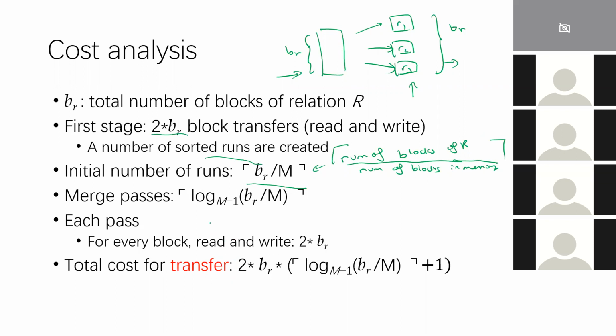And the merge pass will be this. You can say this is equal to n.